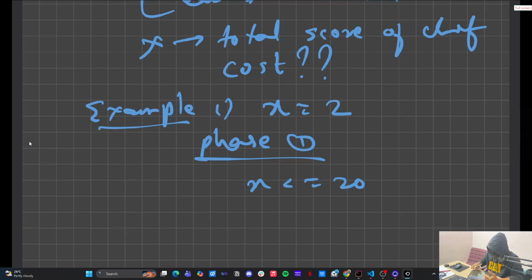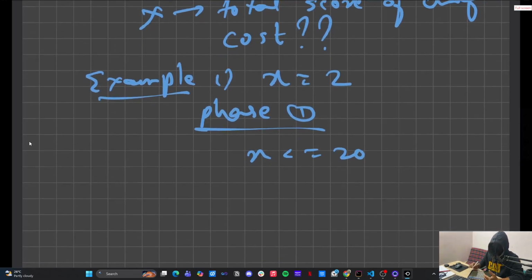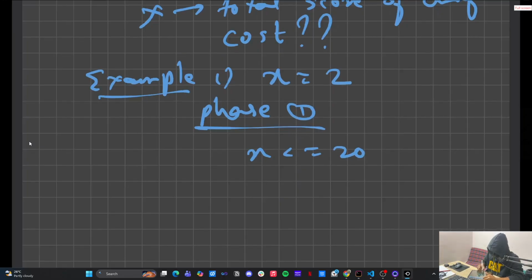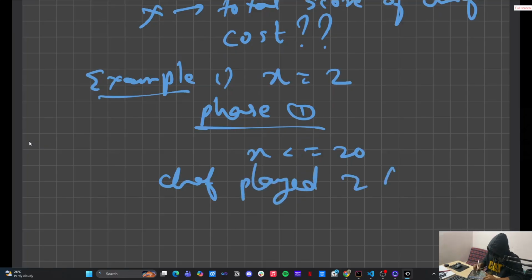In phase 1, as we know, on each ball Chef is going to score 1 run. So obviously here the score is 2, which means he has played 2 balls.